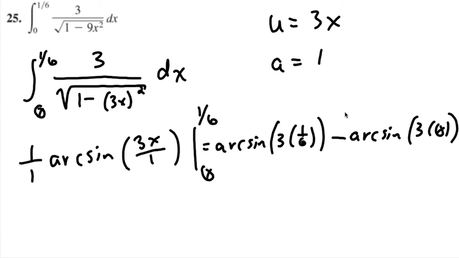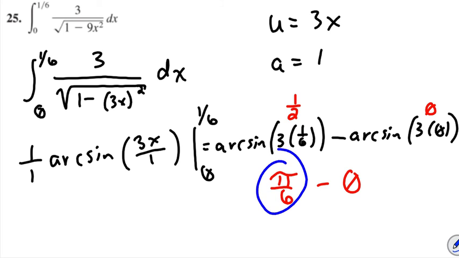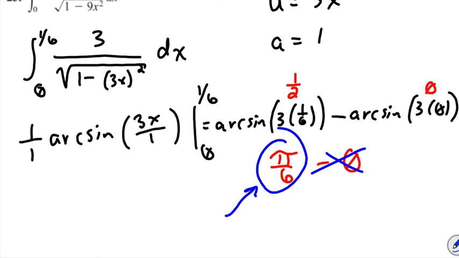I'm not going to rewrite the whole thing. This is 1/2. So this is saying what angle when I take sine of it gives me 1/2? Pi over 6. This is 0. What angle when I take sine of it gives me 0? And that's 0. So my final answer, pi over 6 minus 0, is just pi over 6. So this is your final answer. We don't need the minus 0. Doesn't do anything.